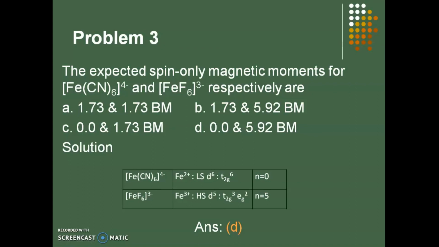When will this be 1.73? When this is going to be 3 minus. When this is 3 minus, iron will be in 3 plus oxidation state, so this will be d5 and t2g5, and the number of unpaired electrons will be 1. So the distractor is purposely given here, and this especially will always lead to a wrong answer.